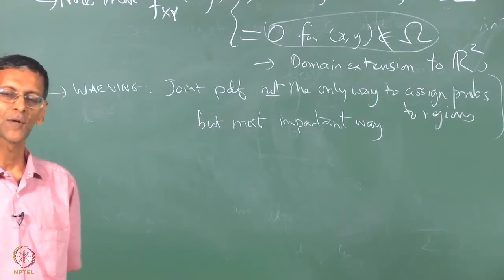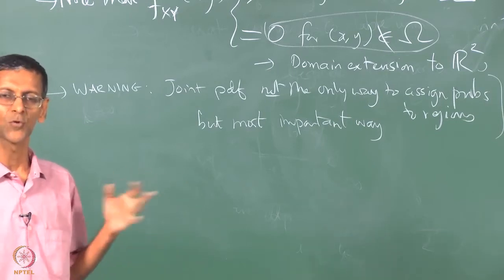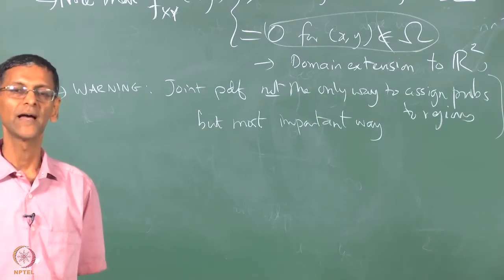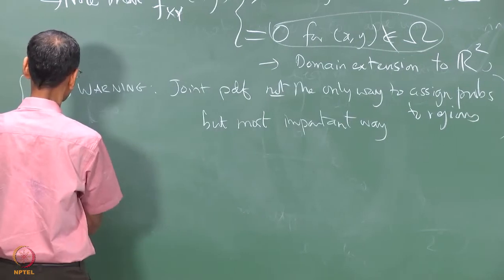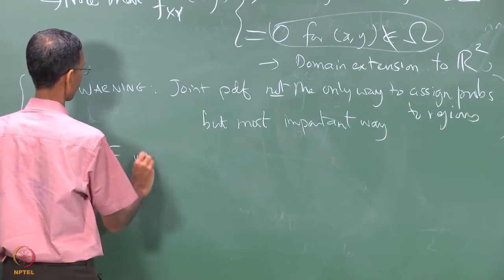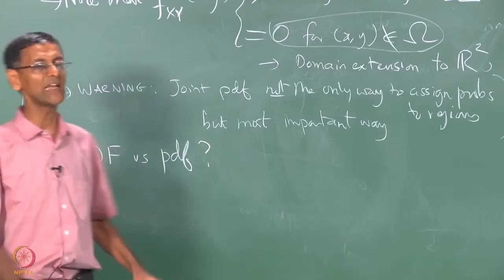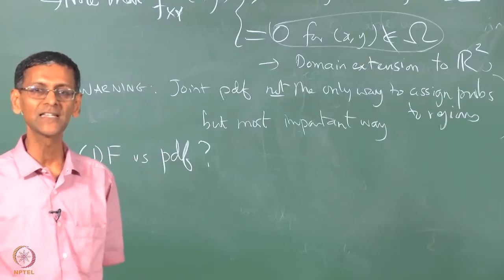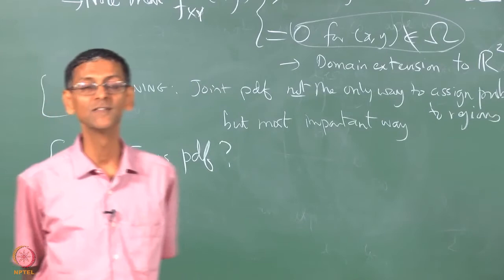In all our engineering problems we love PDFs, though even here there is a CDF that we have to look at. So, I will write here CDF versus PDF. In the 2D case, all books will not straight away talk about the joint PDF; instead they will say we will start off with something called a joint CDF. What is a joint CDF?